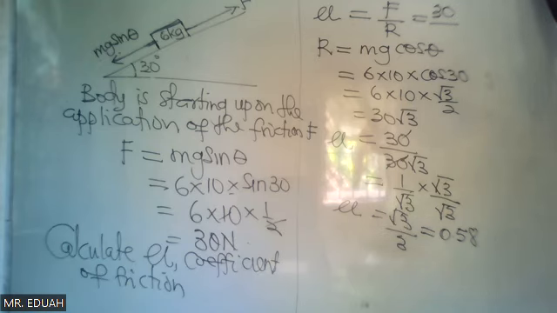The question says that one end of a light inextensible string is attached to a horizontal ceiling, and a particle of 4 kilograms is attached to the other end of the string.